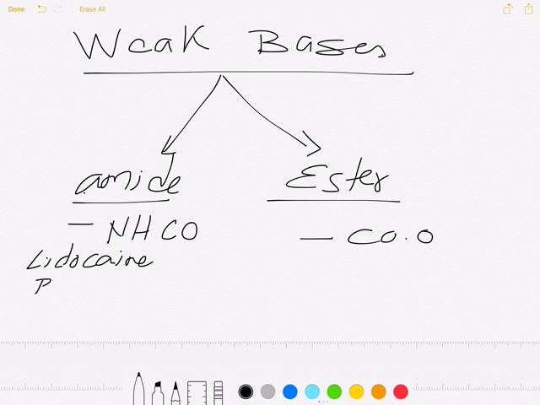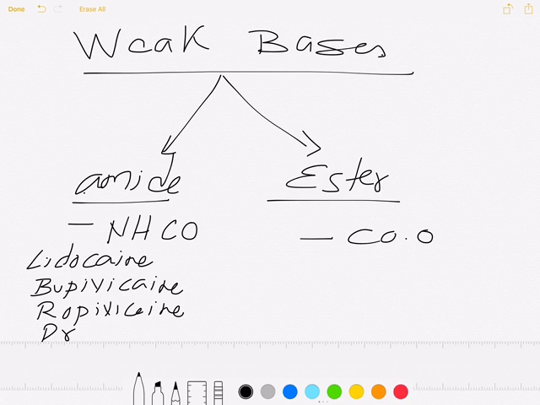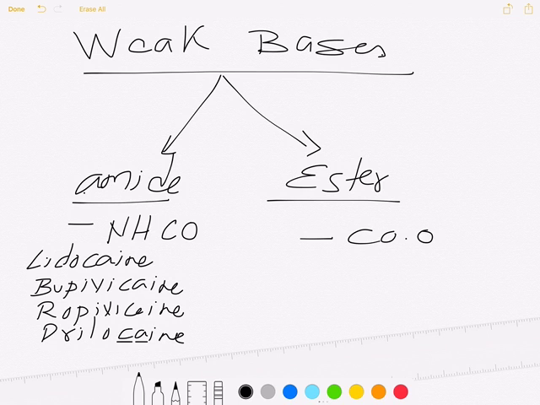Also bupivacaine, another widely used local anesthetic, and ropivacaine. Another, not widely used, is prilocaine. And if you ever heard of succinylcholine apnea, you would be familiar with the name dibucaine.